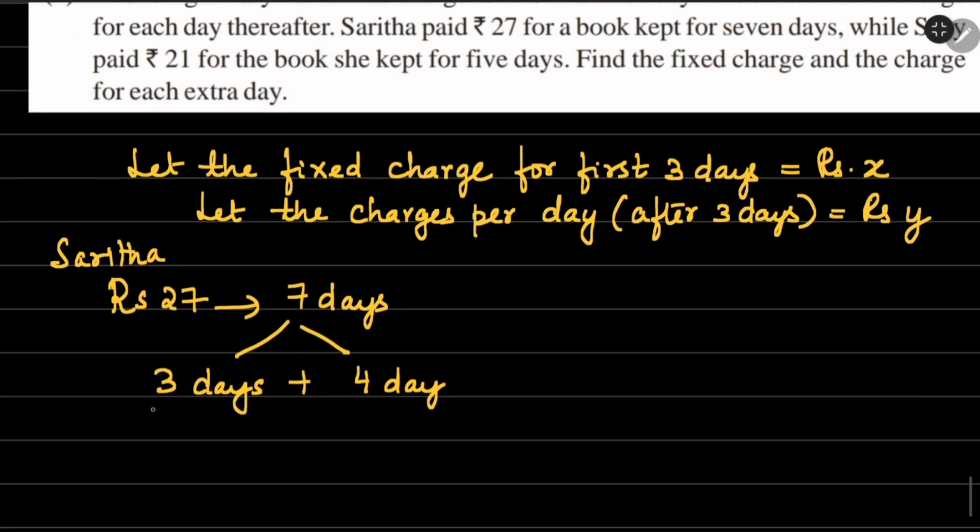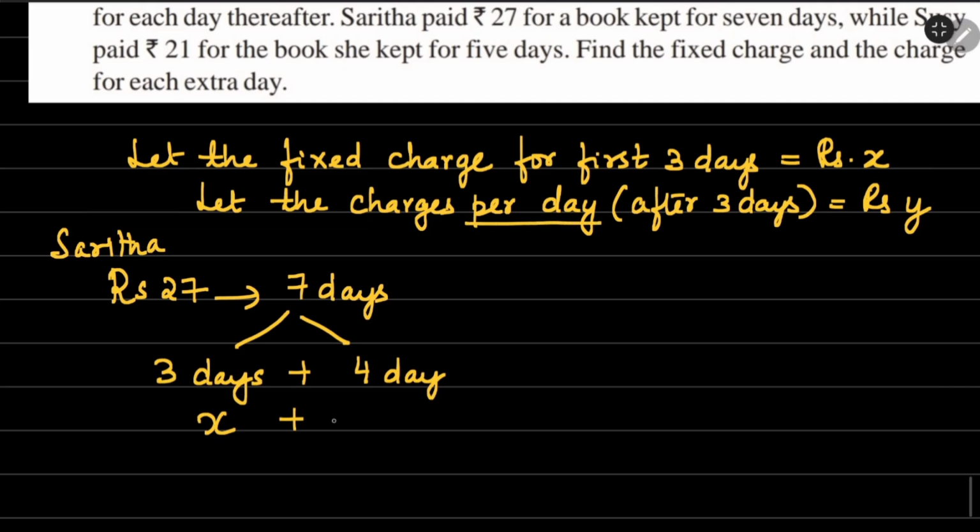For the first 3 days, the fixed charge is X. And for each day after 3 days, the additional charge is rupees Y per day. So for 4 days, 4Y. X plus 4Y is equal to the total money she paid, rupees 27. So this is your first equation.